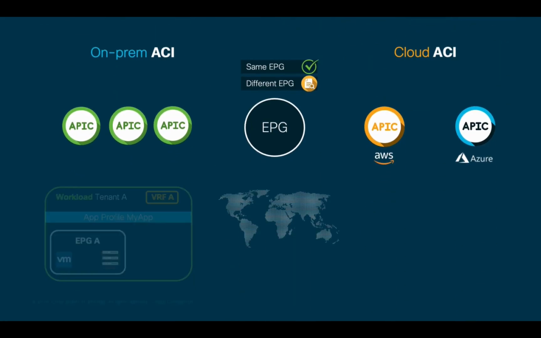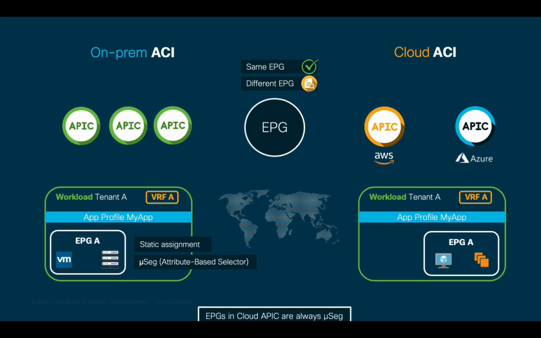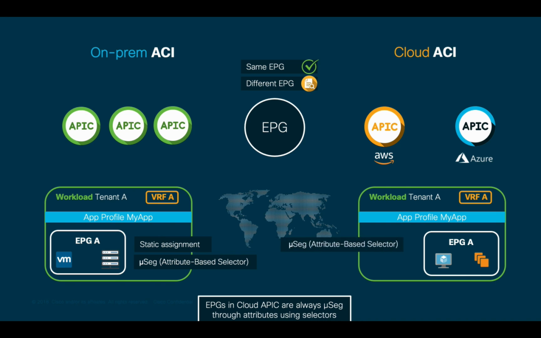If you remember, when running on-prem, we can statically assign an EPG to a port, VM, or switch, or you can use microsegmented EPGs and ESGs to dynamically map an endpoint based on a specific attribute or attributes through a selector. Now, if we compare that to the cloud, cloud EPGs are always microsegmented, meaning that endpoint to EPG mapping is dynamically performed based on attributes you define as an ACI admin through the use of selectors.